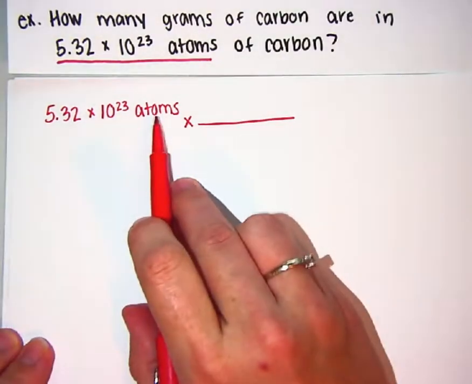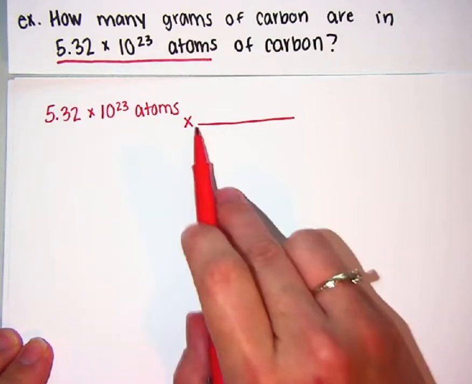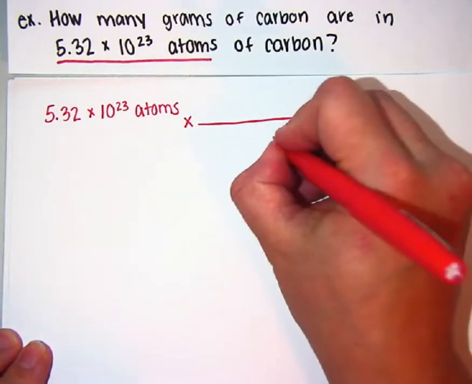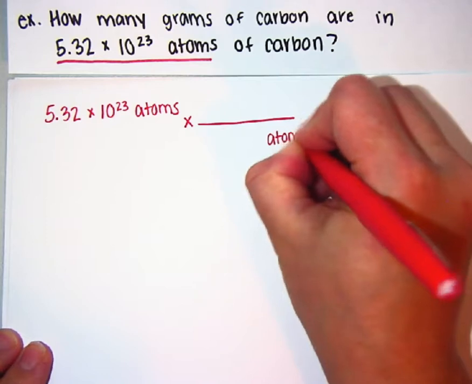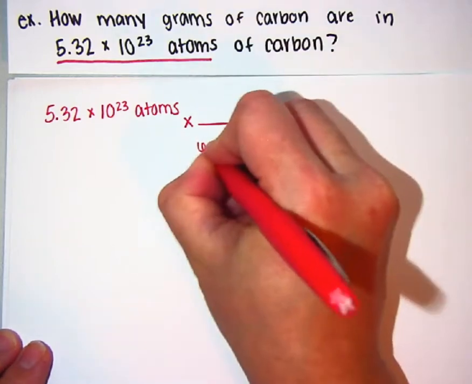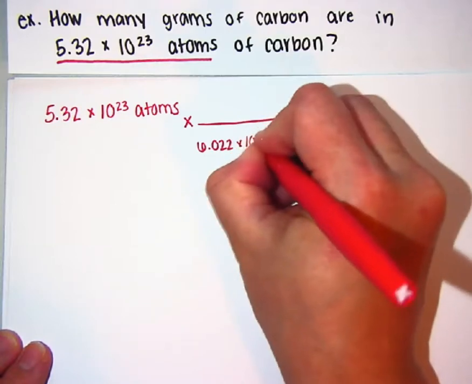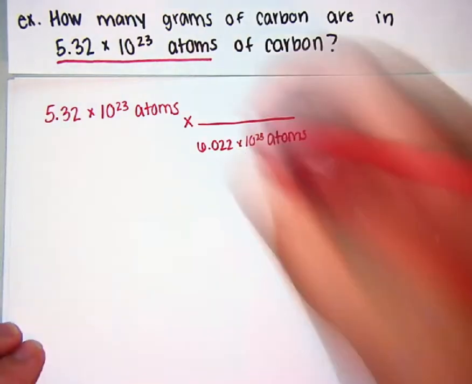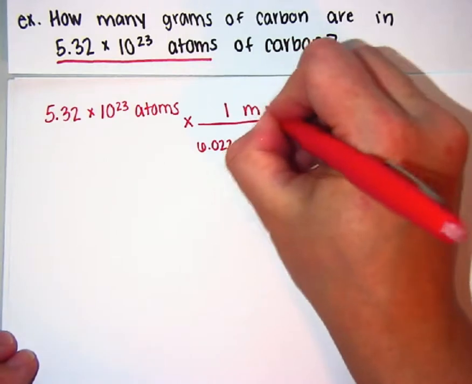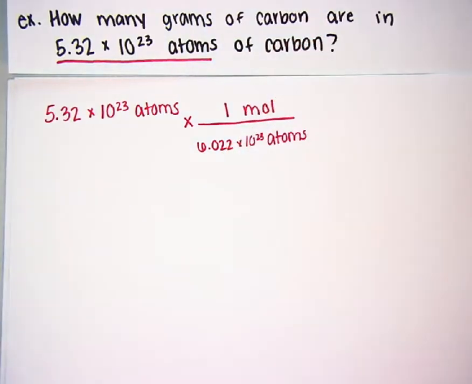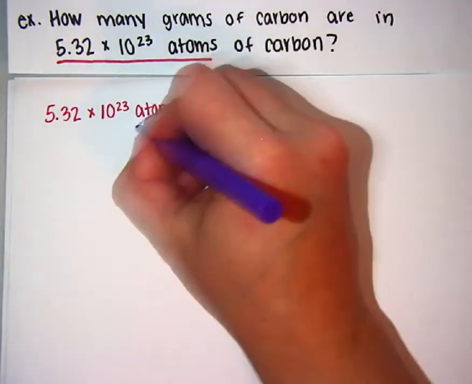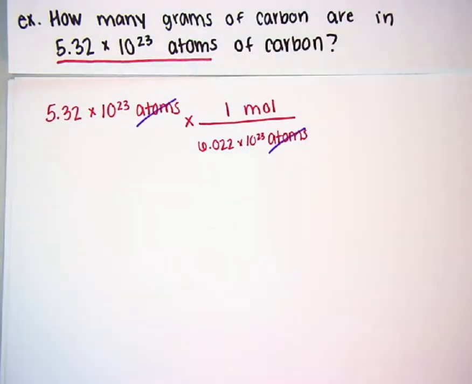So if I start with atoms, I'm going to need atoms to divide by atoms in order for it to cancel out. And there are 6.022 times 10 to the 23rd atoms in every 1 mole. Atoms divided by atoms cancel.